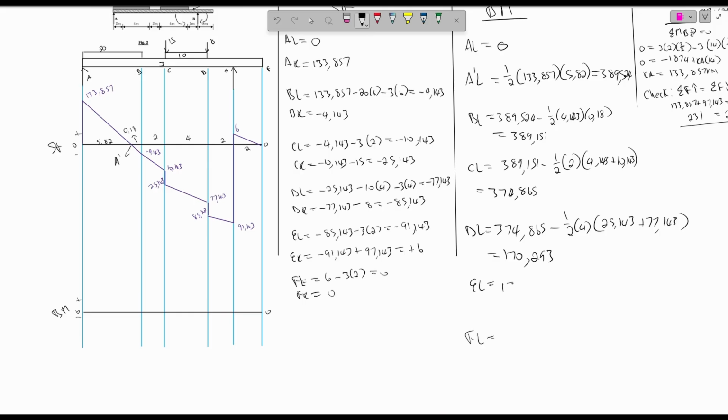Then E left is 170.293 minus 1 divided by 2 times 2. We have 85.143 plus 91.143.